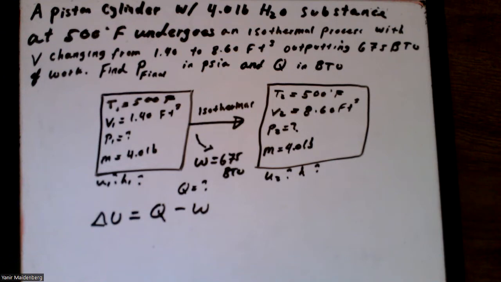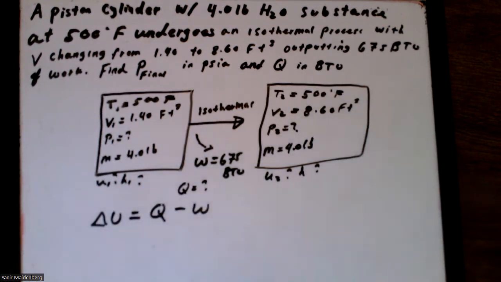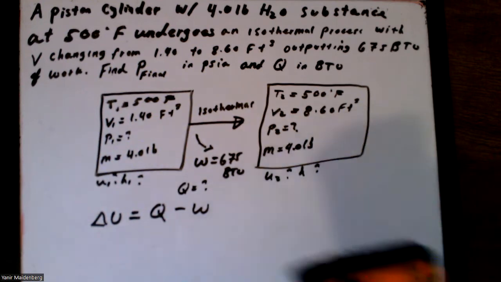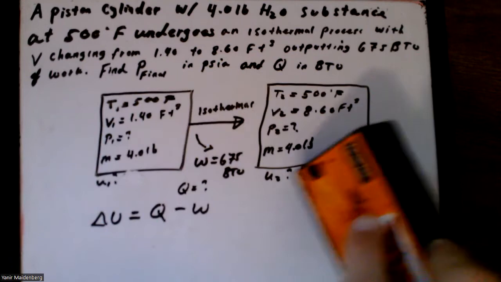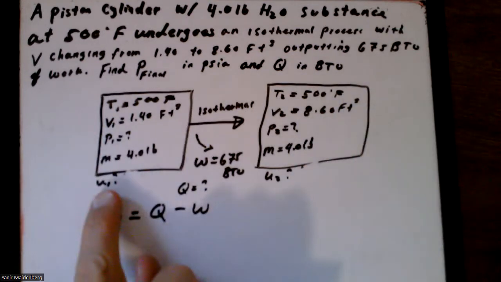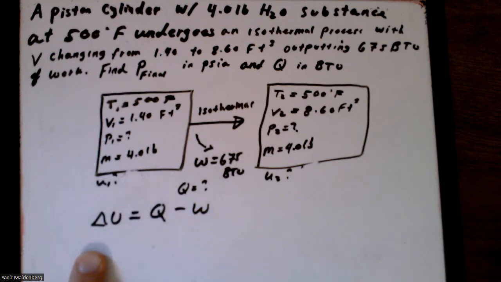So what I'm going to do is fill in what I don't know. I don't know the initial pressure. I don't know the initial U. And honestly, if I know the initial U, I don't need H. I don't see any reason for H here, so I'm going to erase that. If I know the initial and final U's, I can subtract them, multiply by 4 pounds, and I'll get delta U. That's great.